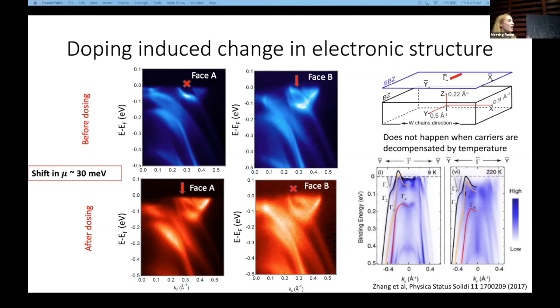And qualitatively, this looks a lot like adding electrons, but if we actually look at the spectra, and this is from a paper a few years ago, so these are spectra on face A, and I don't know if you can see clearly, but at low temperature, there is nothing between the electron and hole band over here. And then above the Lifshitz transition, it is fuzzy, but there's still not a band there, which would be very clear if it was present. So it looks like there is something different about adding electrons versus decompensating carriers with temperature.